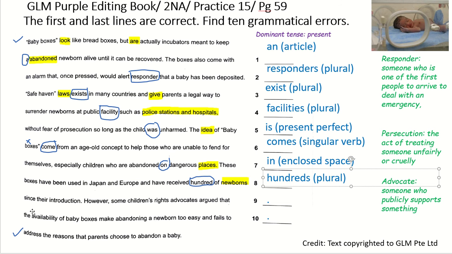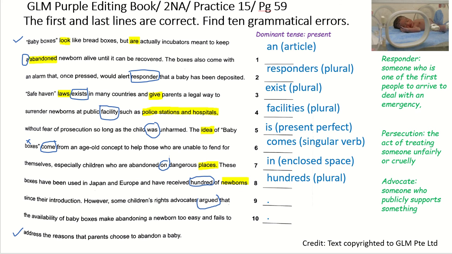Continue since their introduction. However, some children's rights advocates, who publicly support something, argue that, okay, they're still arguing, the availability of baby boxes make abandoning a newborn too easy. So they are still arguing about it.